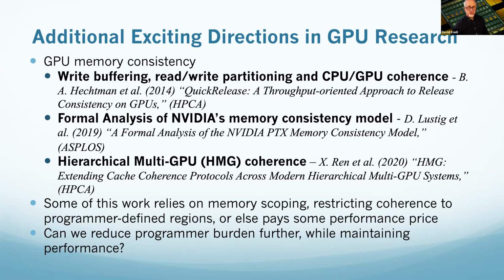It came out of Margaret Martonosi's group, who does a lot of similar work. And then the hierarchical multi-GPU HMG coherence, again looking at cache coherence protocols across multi-GPU systems, was presented at HPCA this year. The problem with this work is that it relies on memory scoping and restricts coherence to programmer-defined regions.